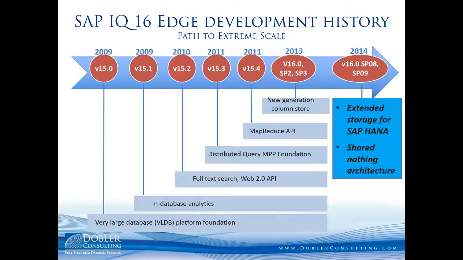And as we moved into the 16 product family, we were looking ahead and seeing that this data explosion was going to continue. The scalability needs were still going to need to be there and be even improved on.